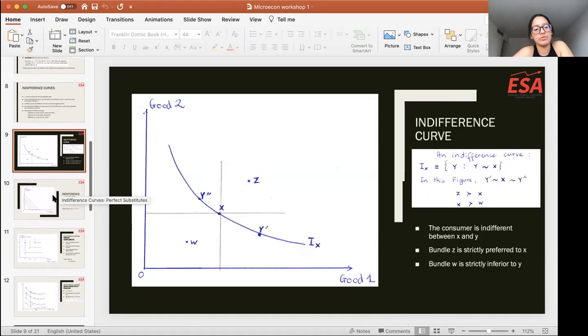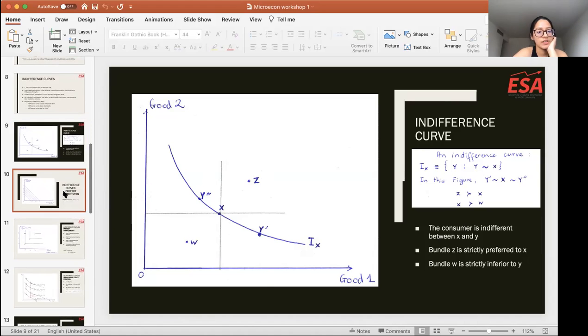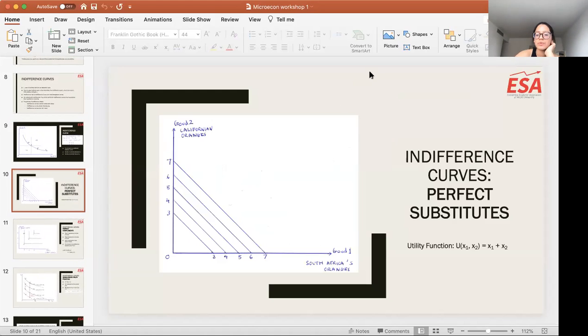Then I'll go through the other types of curves that we have. The first one, which is quite popular in exams, especially in the midterm, where there's definitely going to be a question on this, is the perfect substitutes one. For example, in this diagram, good 1 is South African oranges and good 2 is Californian oranges.